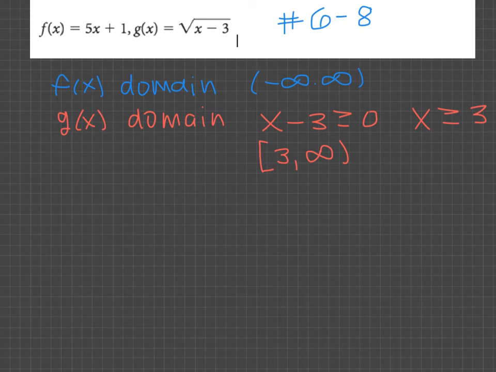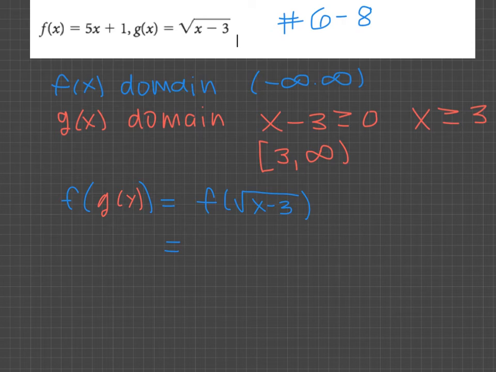Now let's find f composed with g. So f composed with g of x. This time we're not plugging in a value for x. We are just wanting to come up with a new function. So f, and we're going to plug in g, which is square root of x minus 3.